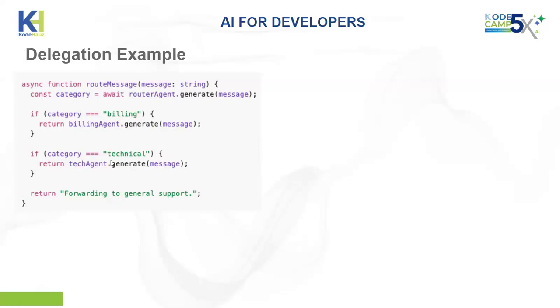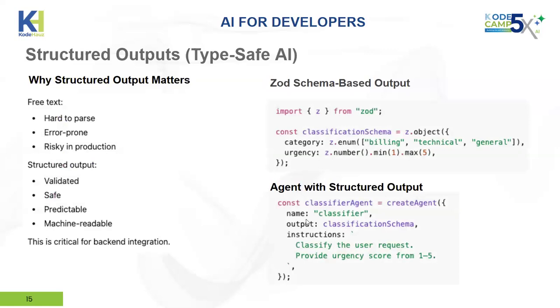Then you can do validation on that name, whether such an agent exists. If not, then it will throw an exception back to the routing agent and say, no, you gave us an ID of an agent that doesn't exist. But if the ID exists, then we just call that agent by ID. And Mastra really does that very well, because in Mastra you can see that agents have IDs.